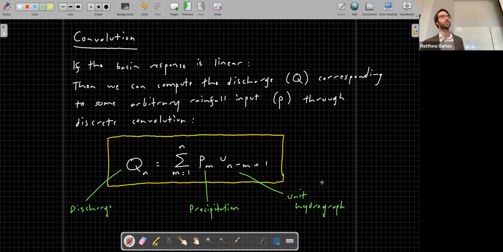Essentially what this is doing is it's taking our unit hydrograph and it's taking each element of P, so each impulse of rainfall in our train of impulses, it's scaling the unit hydrograph by that precipitation impulse P, and then it's adding them together while sliding over the unit hydrograph. So I'll show you a visual of what it's doing.